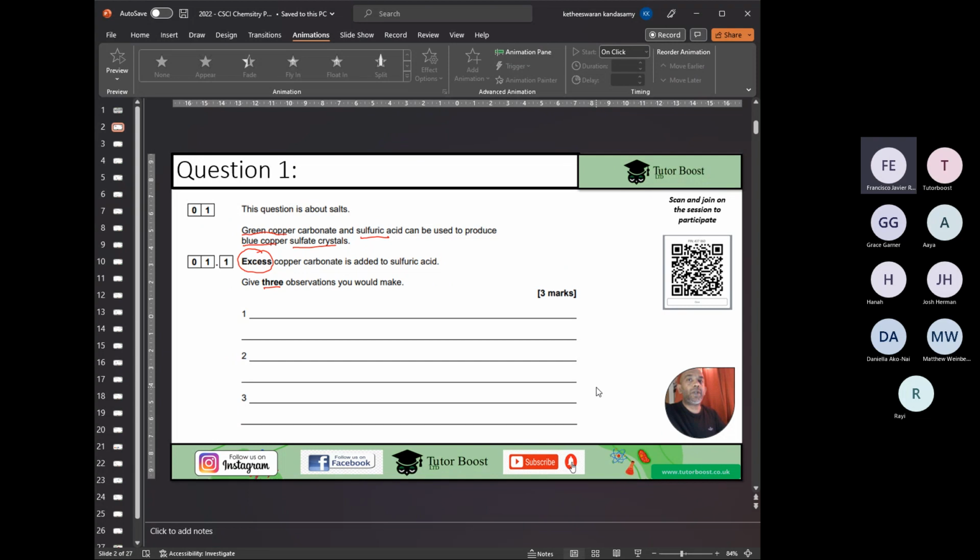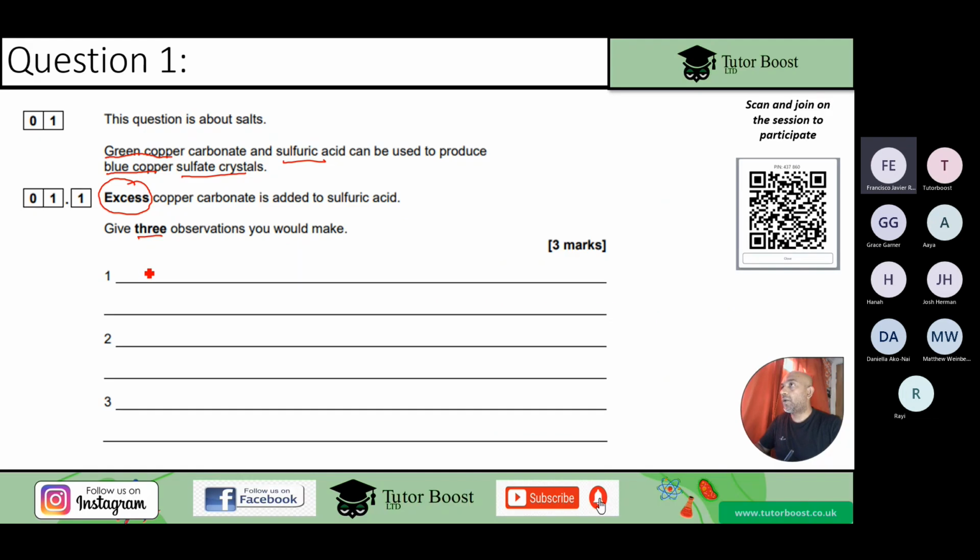So there's a number of observations that you can make. I will list all the available options during this practice. I think this is one of the core practicals for you. So the copper carbonate dissolves. So you could say when you're adding the excess copper carbonate is a black powder. So it dissolves, and you could also say blue solution is formed, produces bubbles.